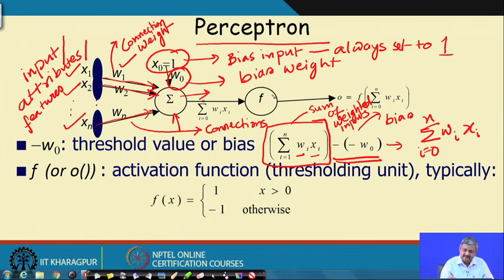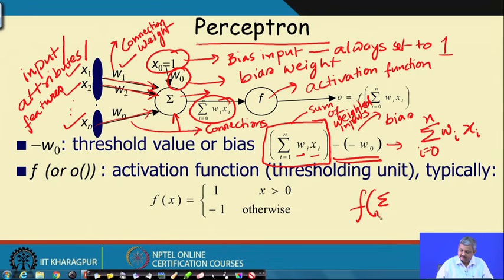Then there is another unit f, or the activation function. The input to this unit is the summed up input, the weighted sum of the weighted inputs, including the bias. And the output is some function of this summation i equal to 0 to n.